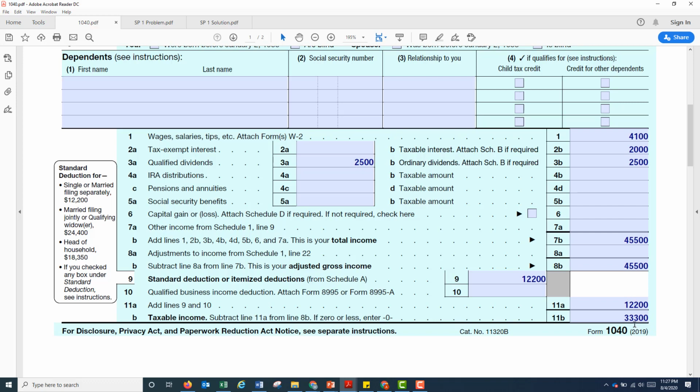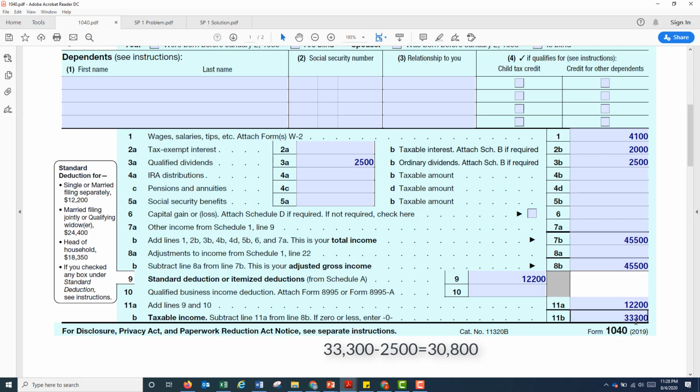We have to look up this number minus or excluding qualified dividends. So if we take 33,300 excluding 2,500, because the 2,500 is part of the 33,300, and now we have to exclude that, that comes out to 30,800, and that's what we look up the tax number for.